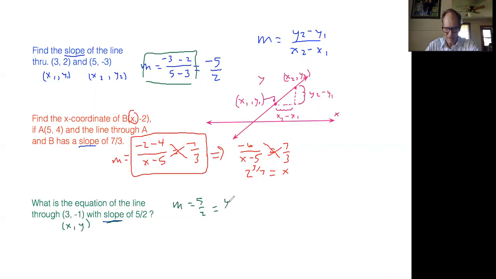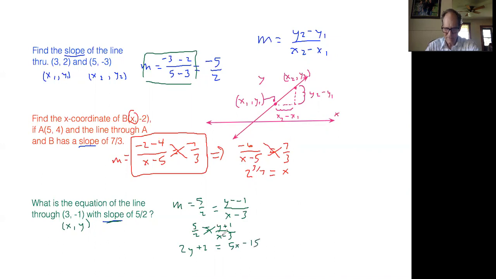So I have y minus negative 1 over x minus 3, which gives me 5/2 equals y plus 1 over x minus 3. I cross multiply, and I get 2y plus 2 equals 5x minus 15. See what I did?